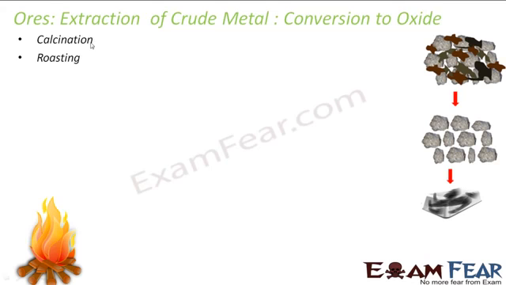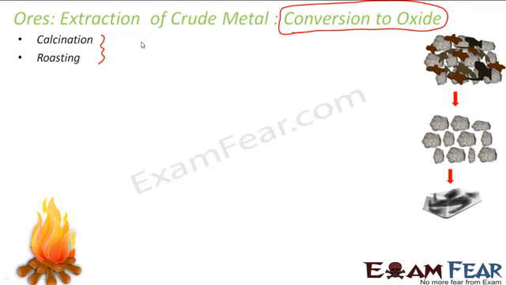What we do is convert to oxide. As I told, sometimes the sulfides and the carbonates we convert to oxide first, and then we reduce the oxides to metal. So this is the first part. In both calcination and roasting, we first convert the sulfides or carbonates to oxide.